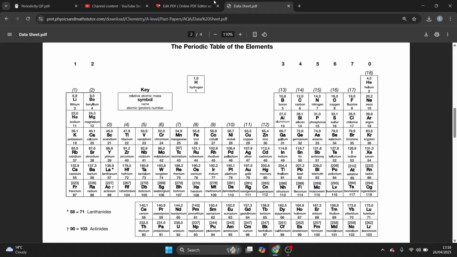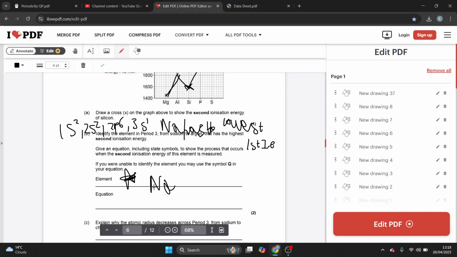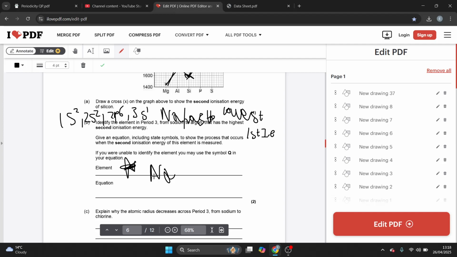If I draw out the structure of sodium, 1s2, 2s2, 2p6, 3s1, it has 11 electrons. So the first ionization energy removes the 3s1 electron easily.